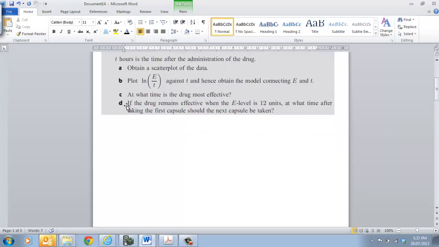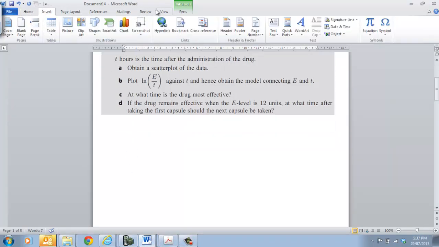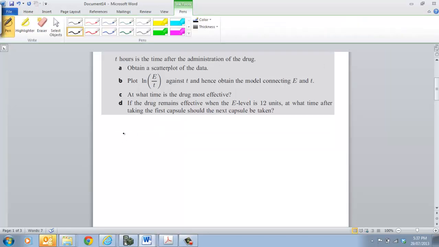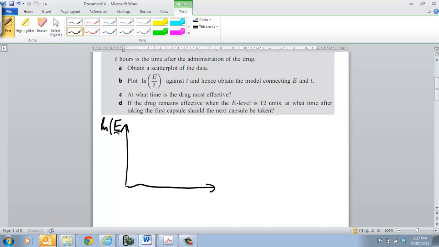what we've got here is a graph, and I'll just show you what we've really done. We've got a graph of ln of E on T versus T. Alright, so we've got a straight line graph.